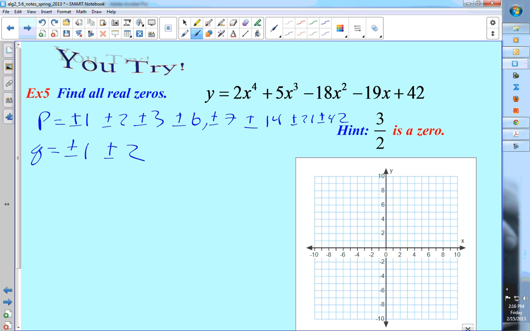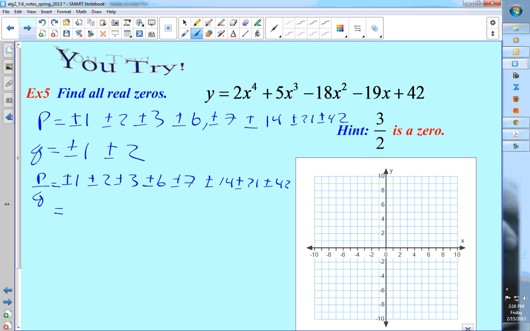So your P over Q values are going to be plus or minus 1, 2, 3, 6, 7, 14, 21, and 42. That's all of these P's over 1.